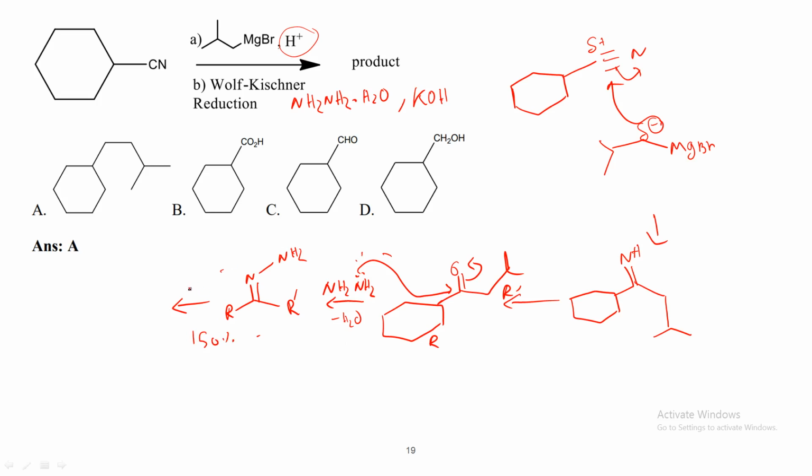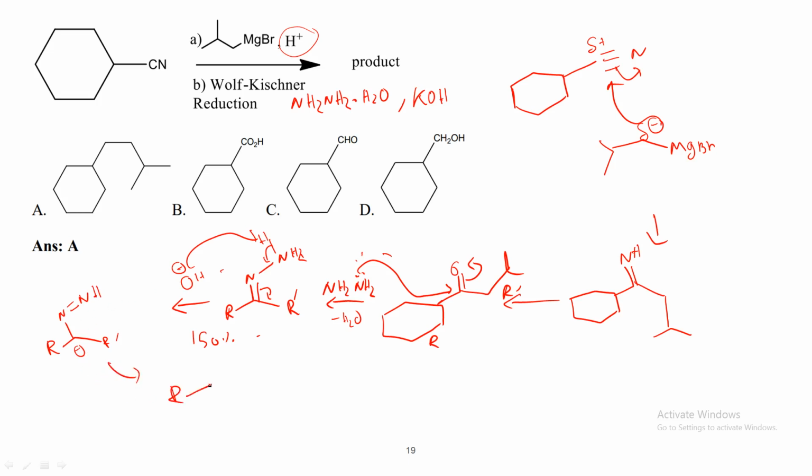So when OH minus is there, this abstraction can happen. So R prime, double bond NH, and this abstracts one proton as it is an aqueous medium, right?